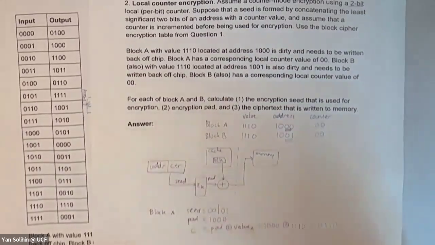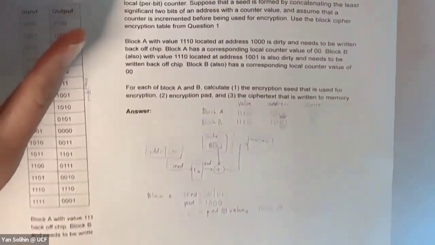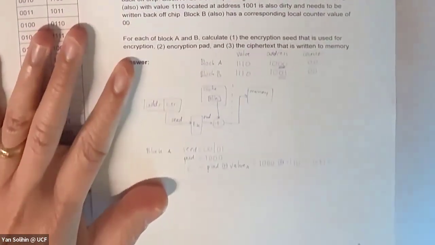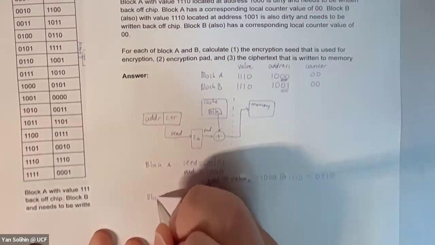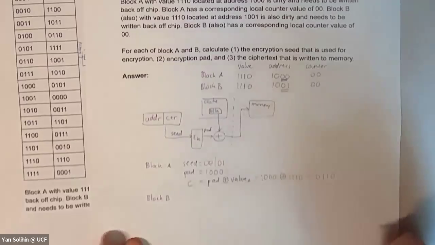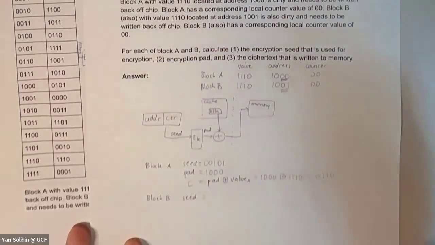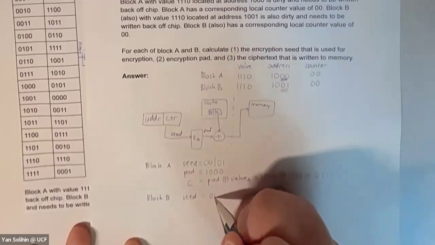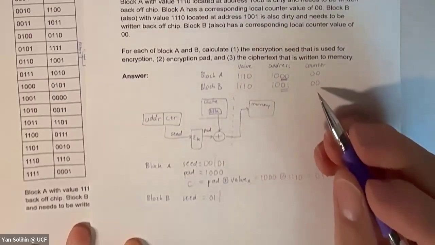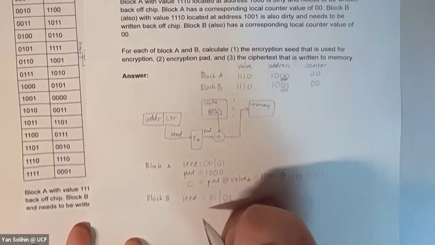Now let's look at block B. What is the seed for block B? This will be the least significant bits of the address, which is 01, concatenated with the counter value, which is 00, but we increment it by 1, so it becomes 01.